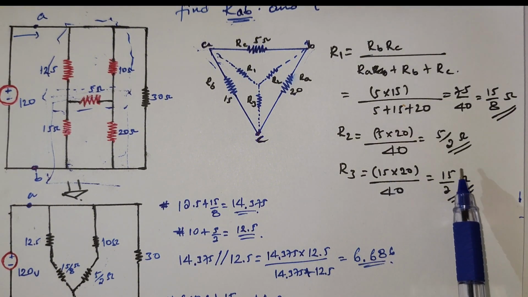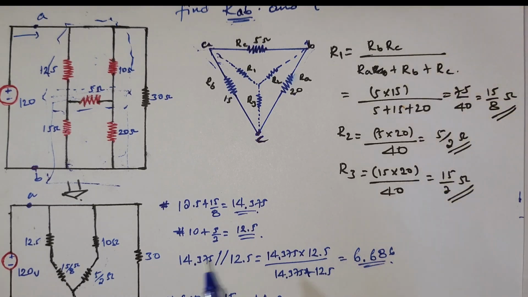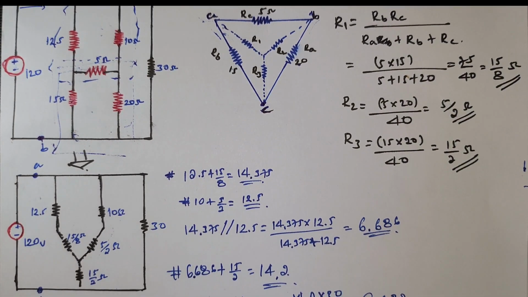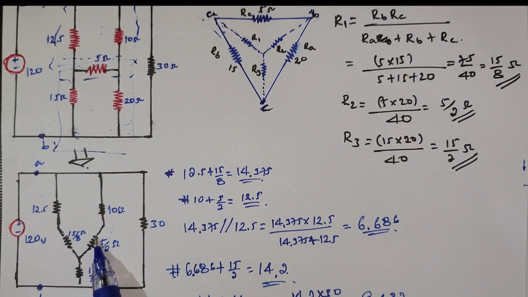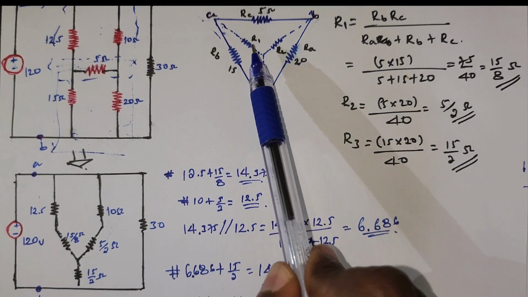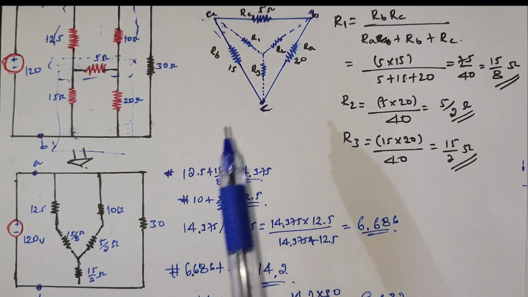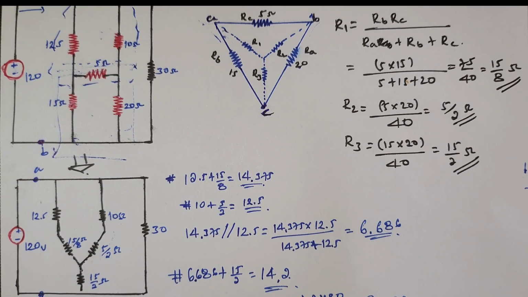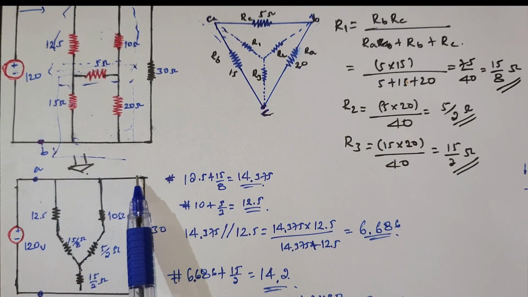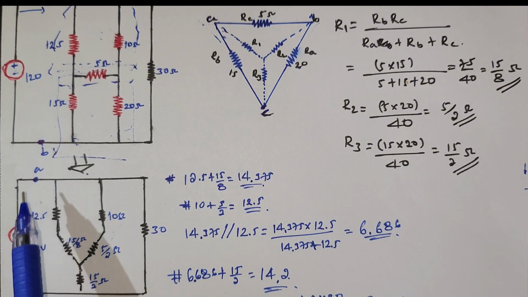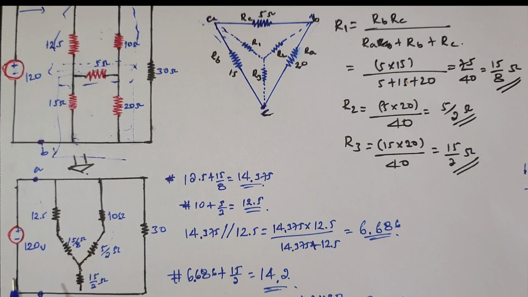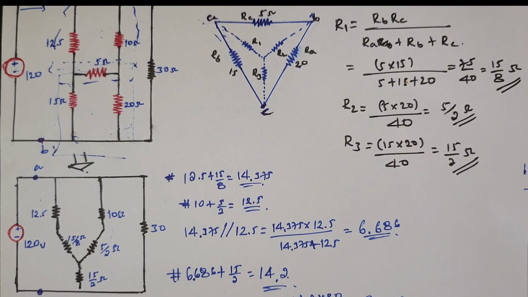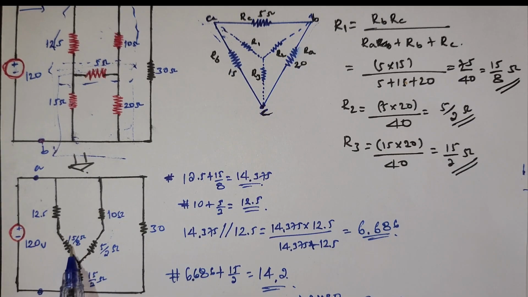So we will replace the delta network with these 3 corresponding resistors. After that, we will simply calculate RAB, the equivalent resistance across these two terminals.